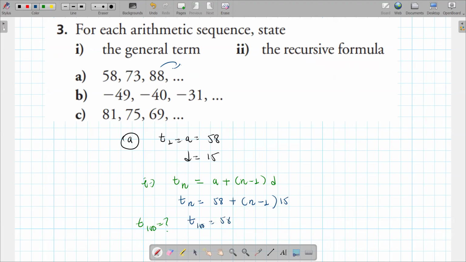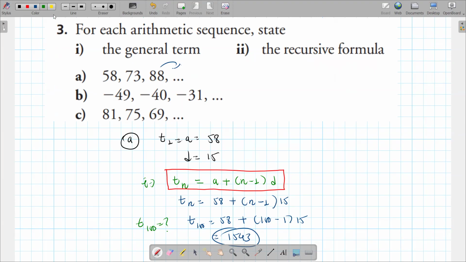T100 is equal to 58 plus 100 minus 1 times 15. So that'll give you 58 plus 99 times 15, and the 100th term in that sequence will be 1543. So that's where the general term is super handy. It gives you the term itself if you have the term number, or vice versa.